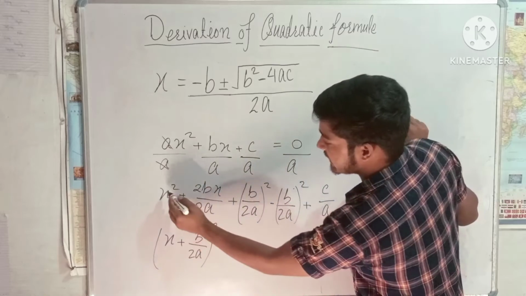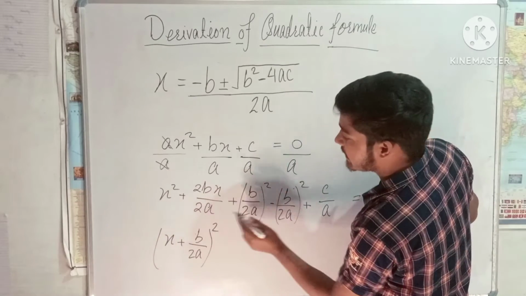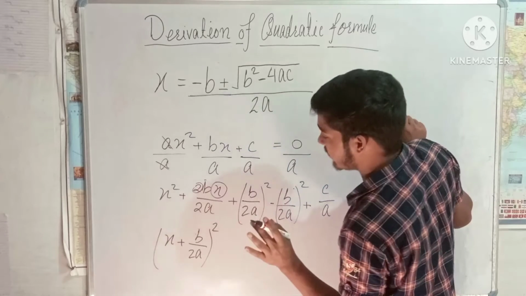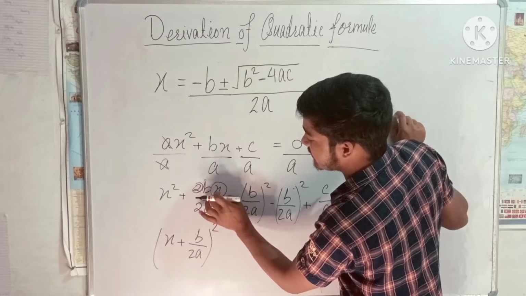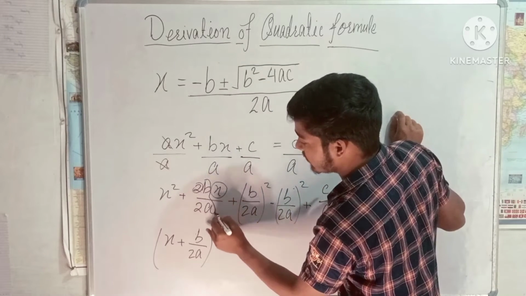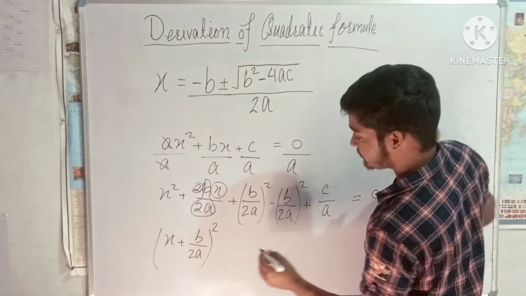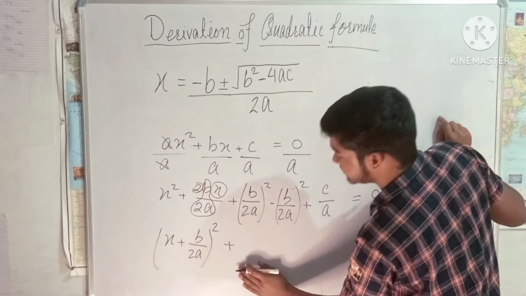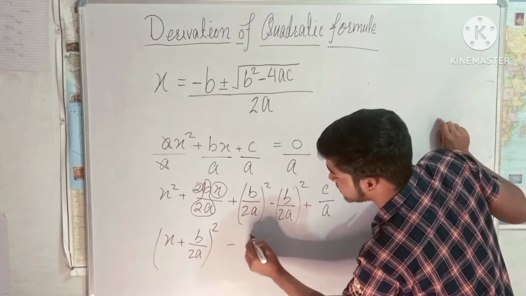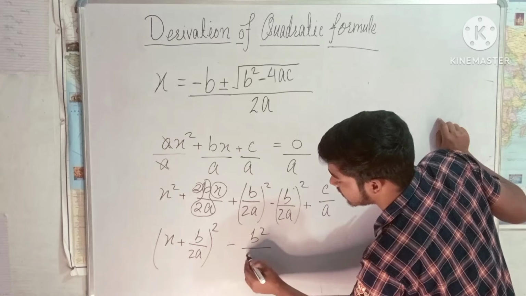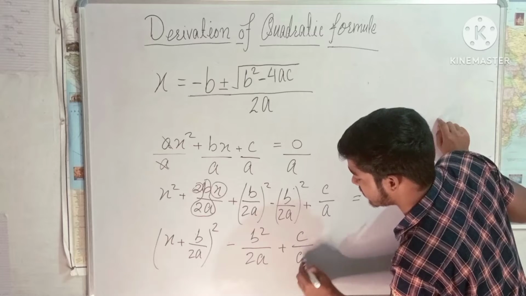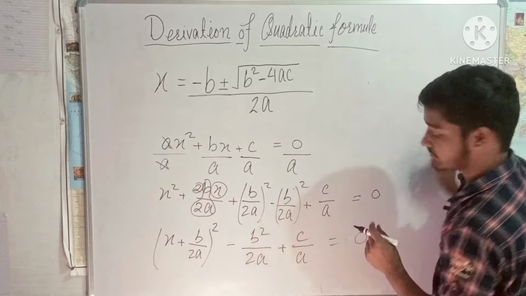We can see that x square plus b square upon 2a square plus 2 times x as a, we considered x as a, and b is b upon 2a, minus b square upon 2a square, plus c upon a is equal to 0.